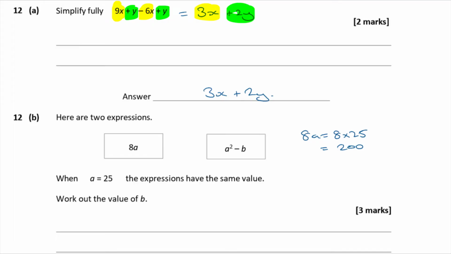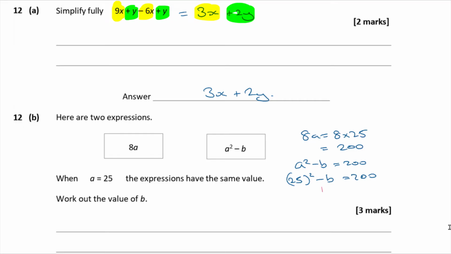And then, if a squared minus b is equal to 200, then we know that 25 squared minus b is equal to 200. Now we want to rearrange this to make b the subject.